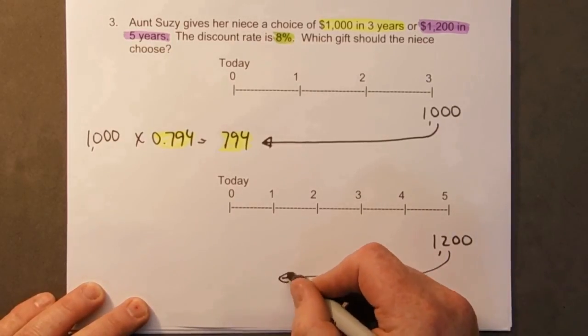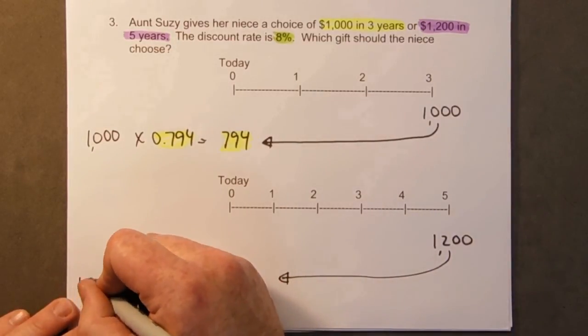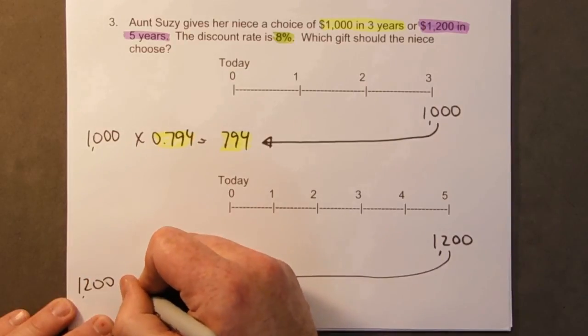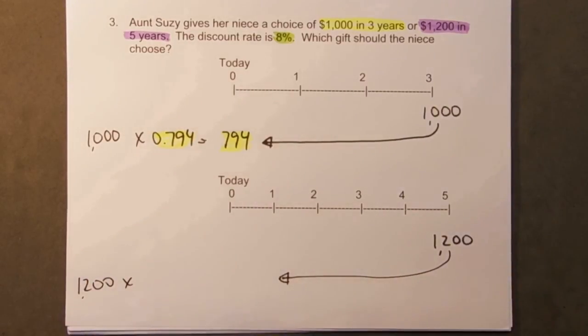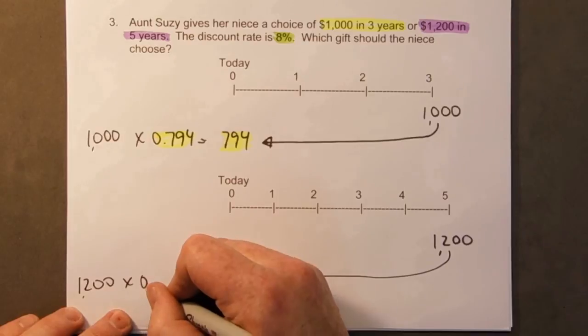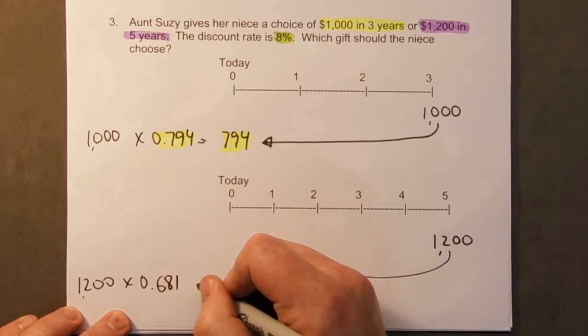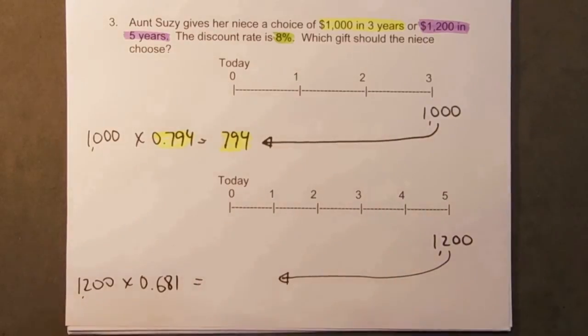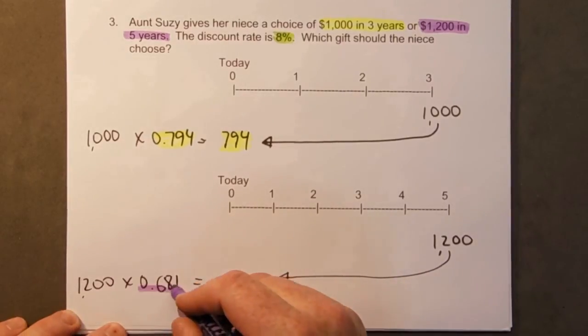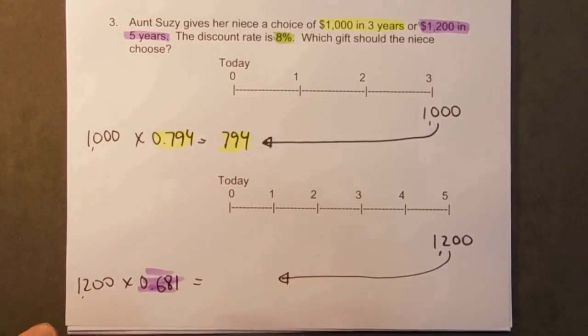So we're going to bring these back to today. 1,200 times our factor. And again, that just came from the table.